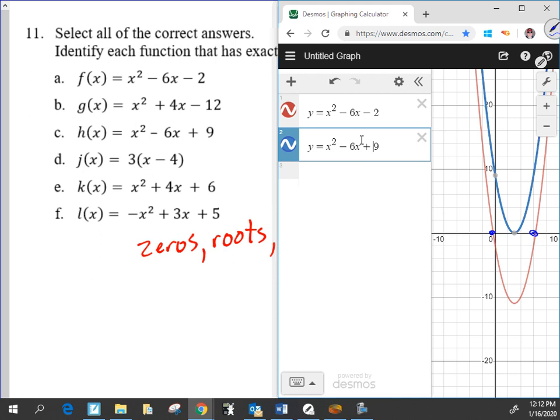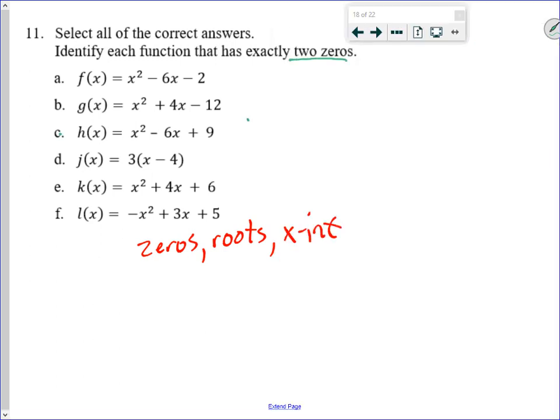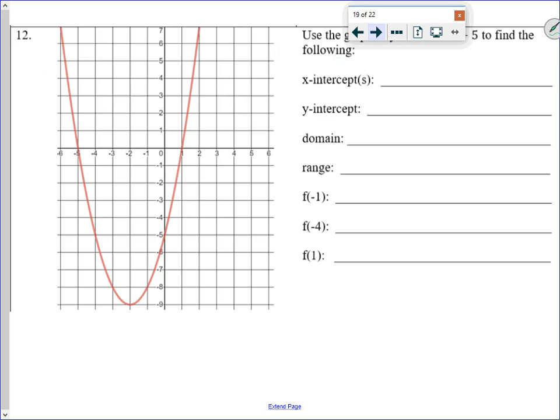Now, when I look at this one, this third one only has a single zero. It does not, and the question was, which one has exactly 2 zeros? So C is out. If you graph D, it's a line, so it only crosses once. And if you graph E, it has no zeros. So the correct answers were A, B, and F.